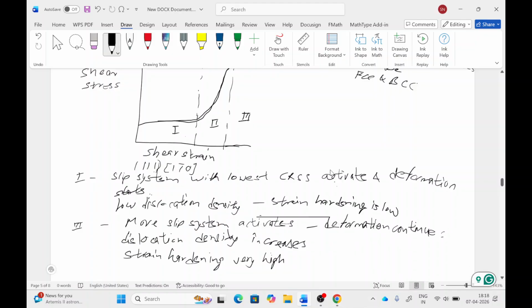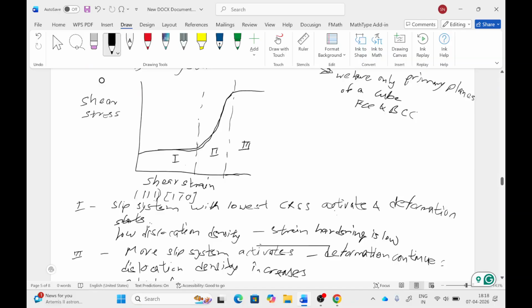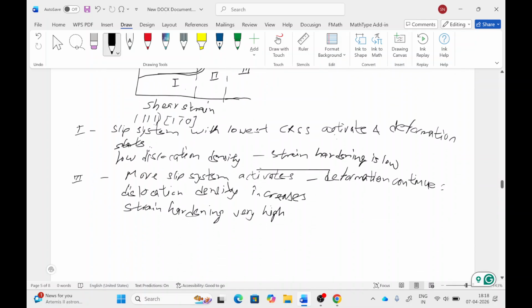In the third region, the shear stress is reaching a constant value with increasing deformation. So we can say in the third region that some dynamic recovery, meaning recovery during the deformation, is occurring, and recovery means the annihilation of dislocations because of their interaction.